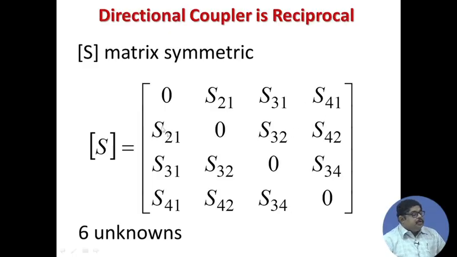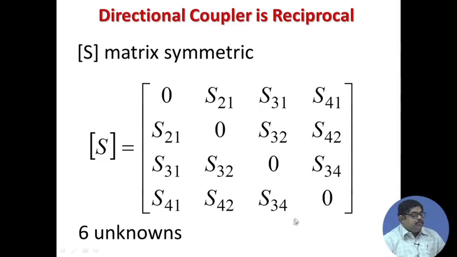Okay. If you count, after invoking the symmetric property, how many unknowns do you have? S21 is an unknown, S31 is an unknown, S41 is an unknown, S32 is an unknown, S42 is an unknown, and S34 is an unknown.